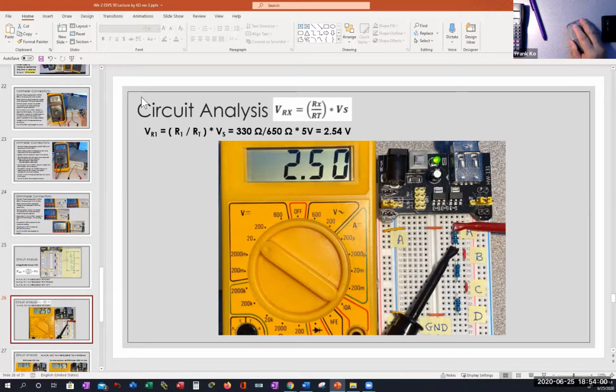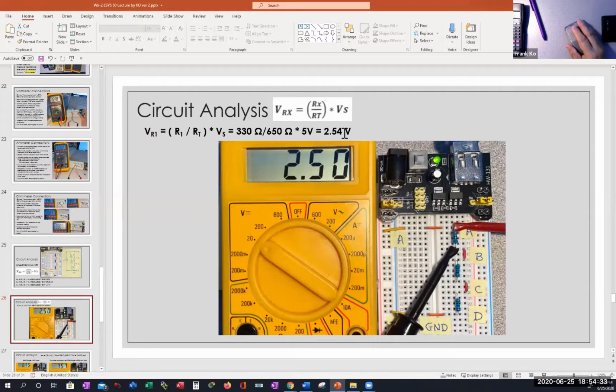We calculated 2.54, and now when I go to measure this, you can see on my voltmeter, I've got the dial set to 20 volts maximum, because these scale markings show you the maximum of what the voltmeter is going to read at this moment. So I have it at a maximum of 20 volts because this is under 20, and it shows me 2.50. Is that pretty darn close to my calculated 2.54?